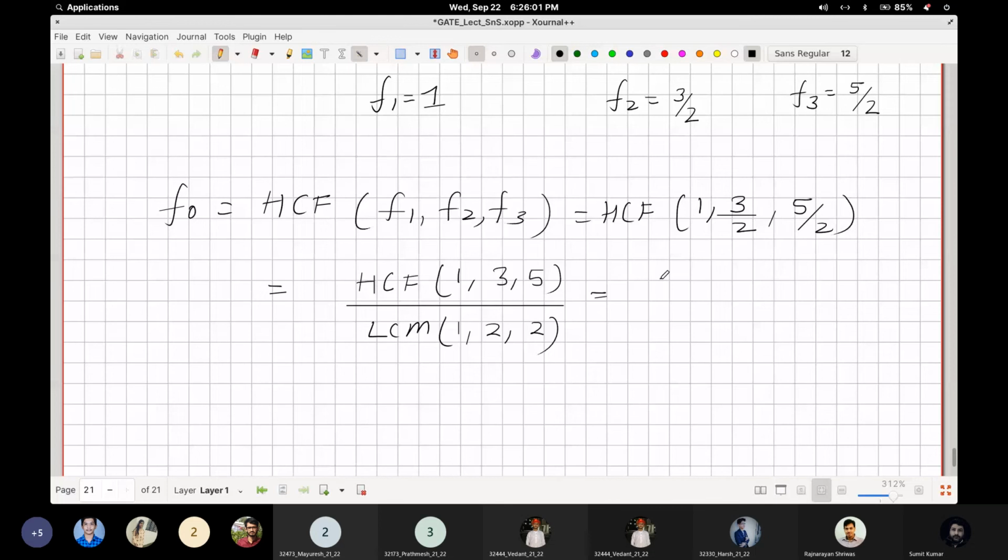15. The HCF of 1, 3, 5, the highest common factor, is 1. And what will be the LCM of 1, 2, 2? It is 2. So what did you get for F0? F0 is equal to half. If you divide each frequency by this F0, you will find an integer number.